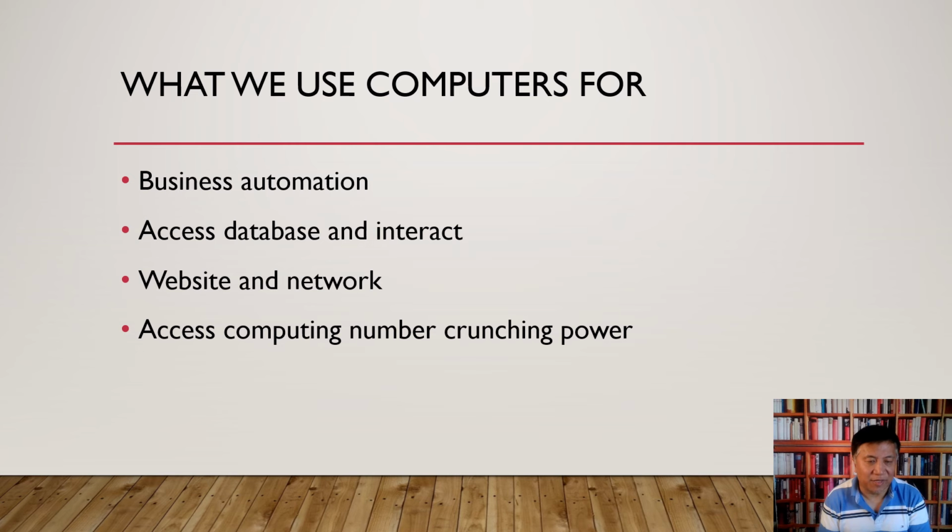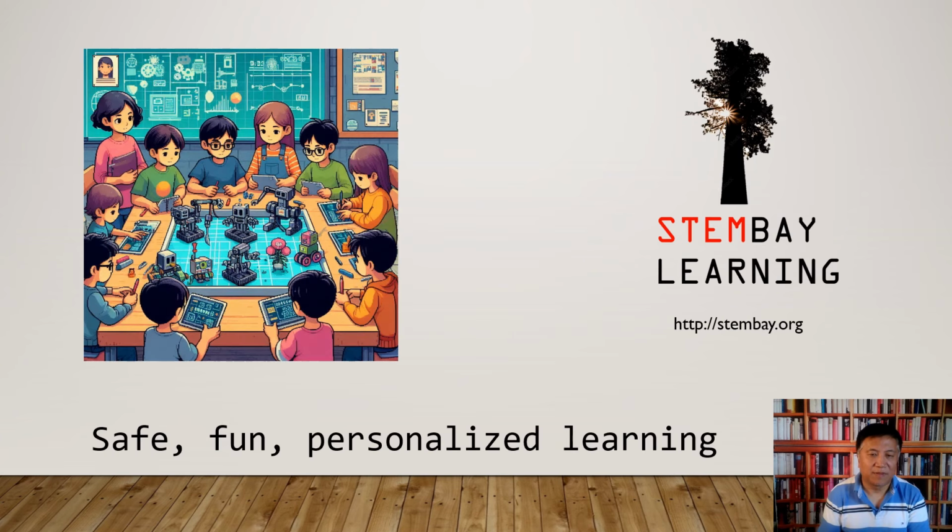And you can certainly have a website and network, and you can access the awesome power of computers' number crunching capability, which is beyond what any human can handle. Coding makes you have a very powerful ally.